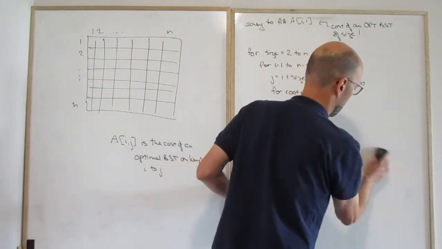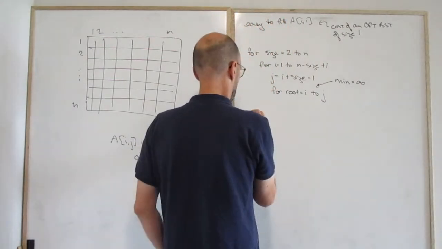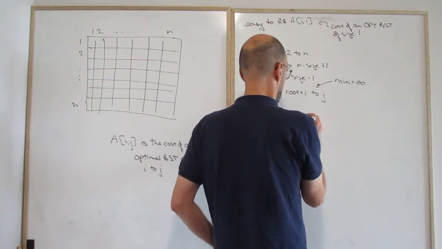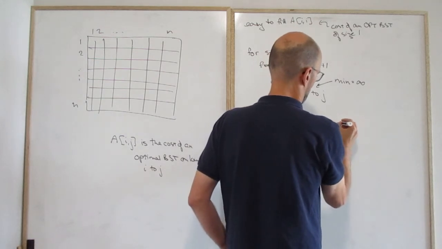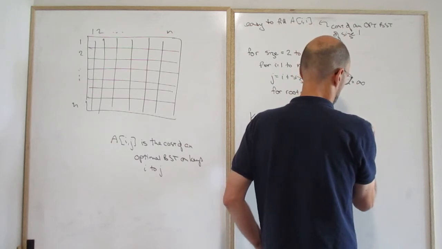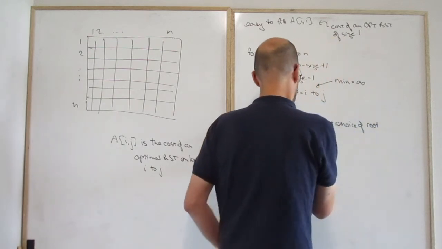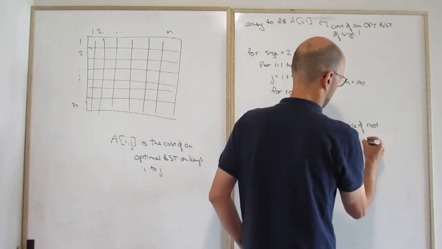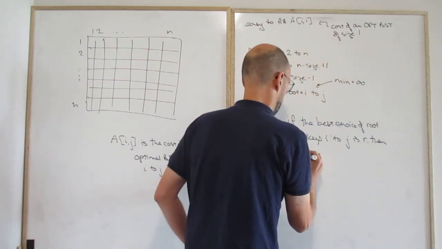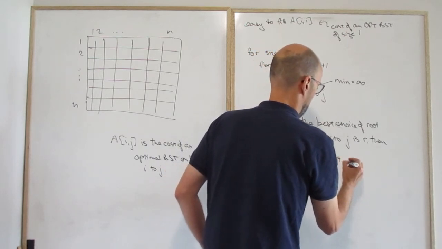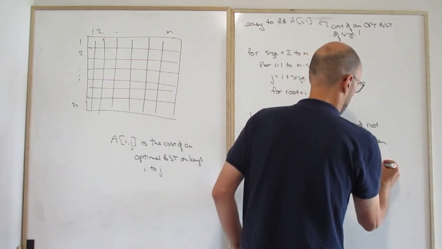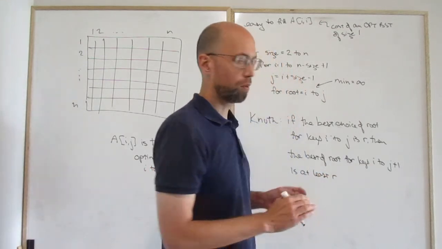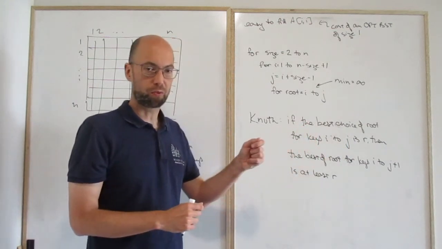Knuth's observation is that if the best choice of root for keys i to j is R, then the best choice of root for keys i to j plus 1 is at least R. So if you have a set of keys and you add stuff on the right, the optimal choice of root cannot go left.